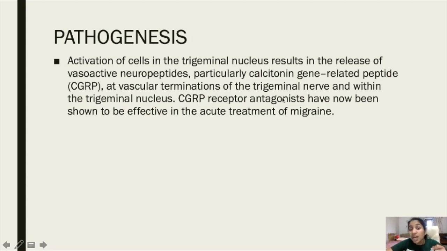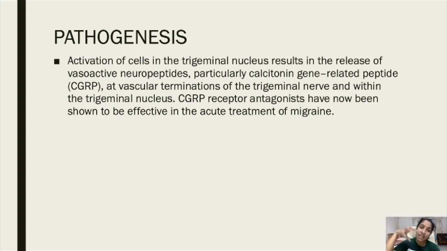CGRP receptor antagonists have now been shown to be effective in acute treatment of migraine. So activation of cells in the trigeminal nucleus, in the trigeminal ganglion, results in the release of neuropeptides, particularly CGRP.